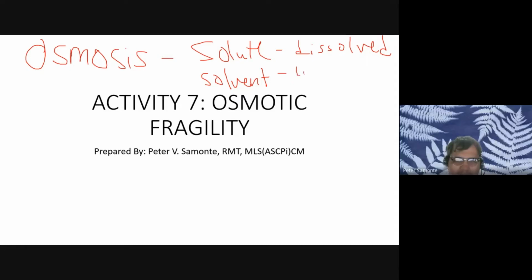So this is a liquid. Most times it is a liquid that dissolves the solute. So sabi niyo kanina, class, it is the net movement of solvent through a semi-permeable membrane.